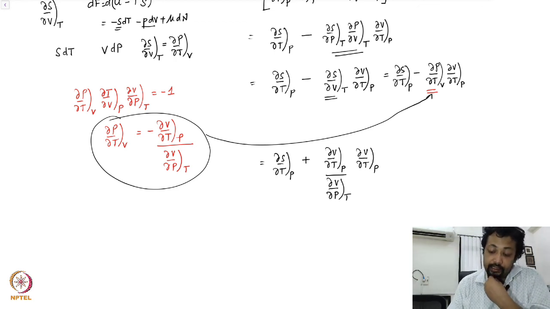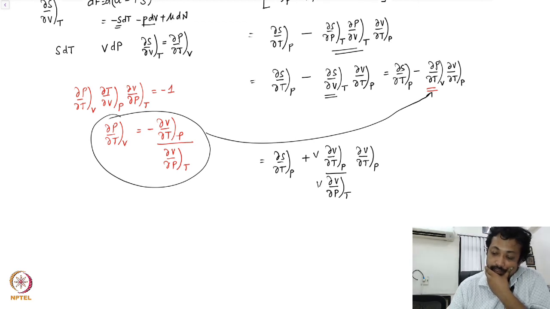It is here that I have to figure out something. So what I do here is I multiply this by volume, divide this by volume, right? So now I have to multiply it by V square here.